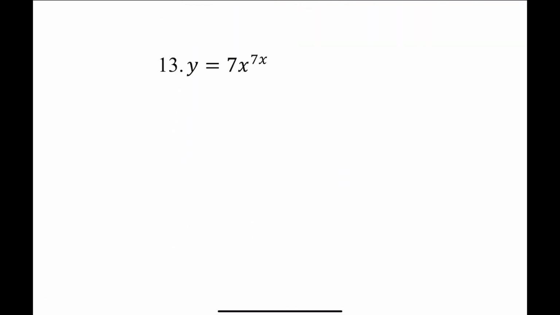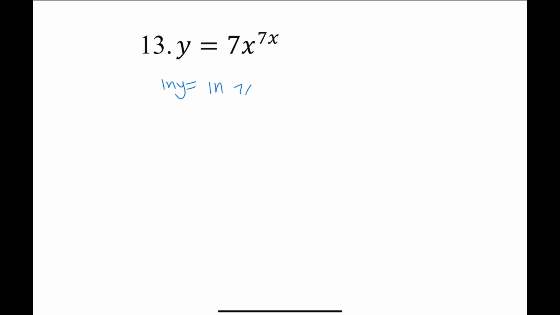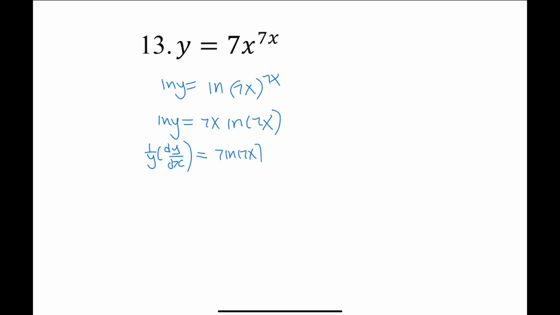Number 13, our second to last question. Ln y equals ln 7x to the power of 7x, or ln y equals 7x times ln 7x, right? So 1 over y dy over dx equals, product rule again, 7 times ln 7x plus, well, 7x over 7 would be 1 over x, right?